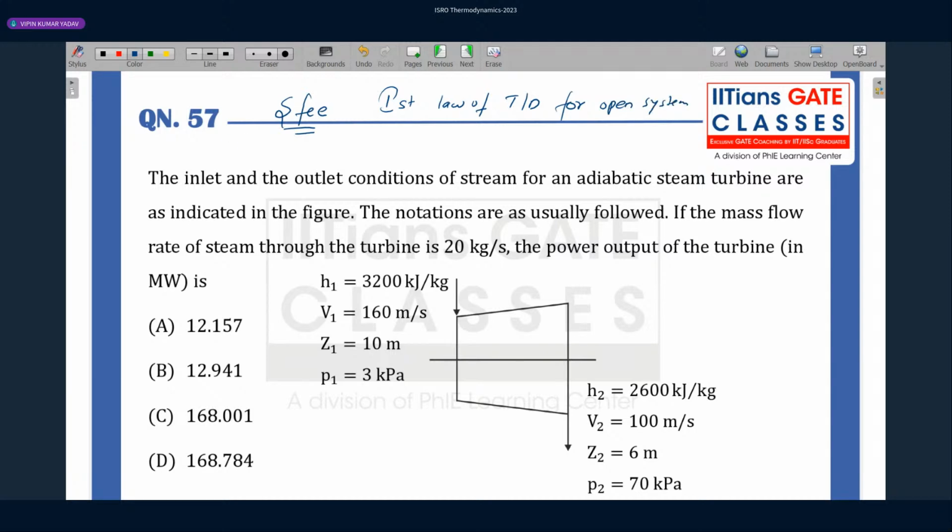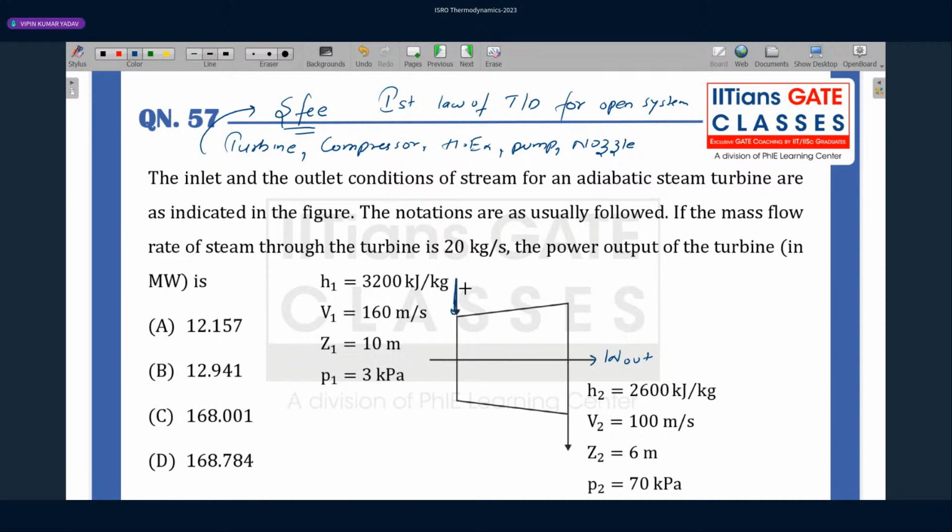Wherever you see a turbine, a compressor, a heat exchanger, a pump, a nozzle, a diffuser, all these devices, you have to apply the steady flow energy equation. Simple. I hope you are all aware of what the steady flow energy equation is. Now, this is a turbine. I can see this because it is expanding here, so there will be work output.